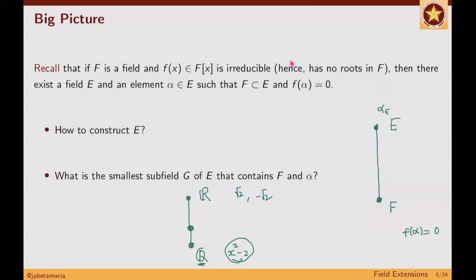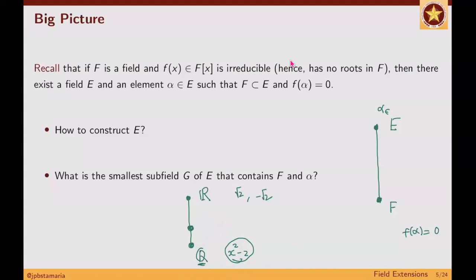I just want a field that is just of the right size that will contain what? All the rational numbers, of course, and will contain the roots for x squared minus 2. Now, ano kaya yung field na yan? Ano kaya ito? This is what we actually want to find, yung G. Kailangan yung G hindi masyadong malaki.